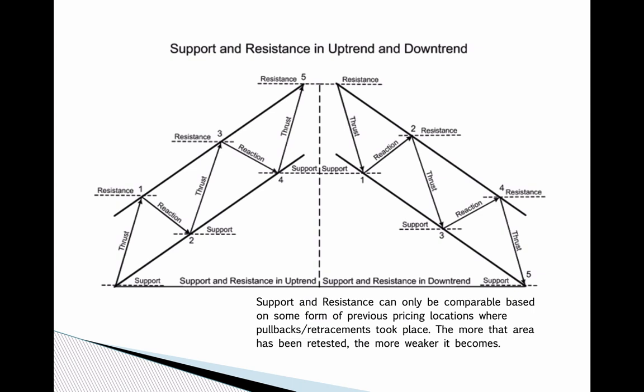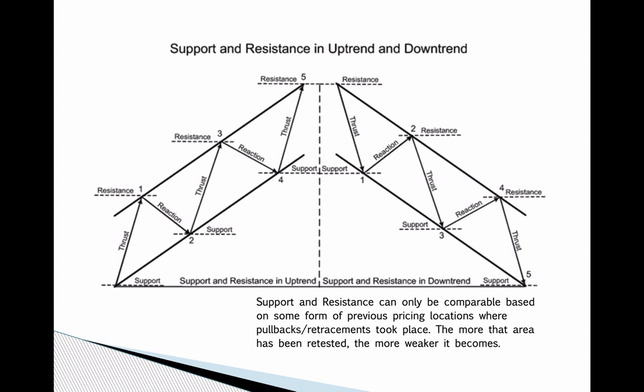So support and resistance can only be comparable based on some form of previous pricing locations where pullbacks or retracements took place. So whether you're on a lower time frame such as a 15-minute or a higher time frame such as the daily, you need to look at previous history that's going to be able to identify, okay, this is a support level or resistance level. You'll see me utilize the term major support or major resistance.